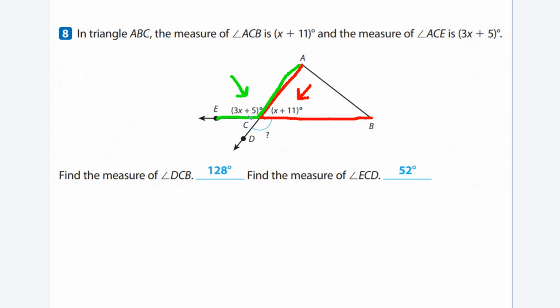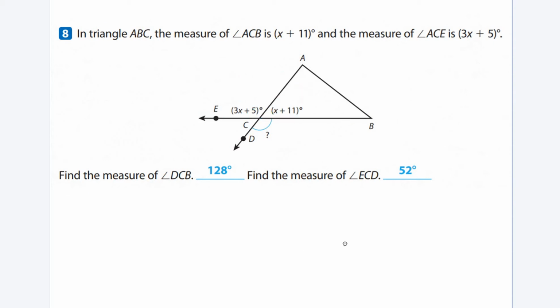As you can see, both of them combined are supplementary, right? Because we have, let me draw this out. I'm going to use blue, a straight line here, okay?